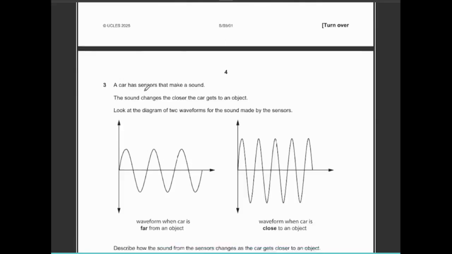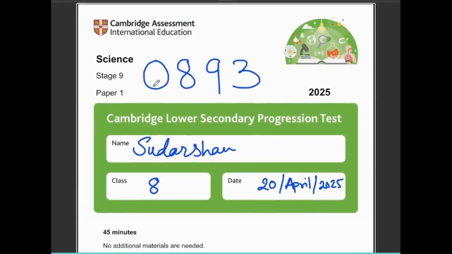Okay, so we are doing this paper 0893, checkpoint stage 9, and today's date is 20th April 2025. This is for grade 8 paper, so this is a 2025 progression test.